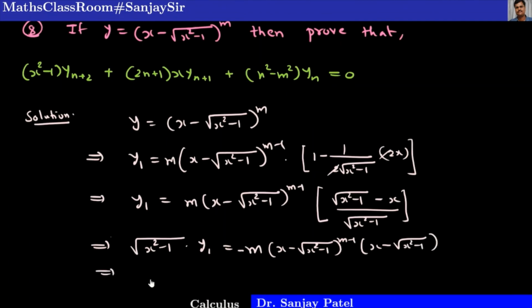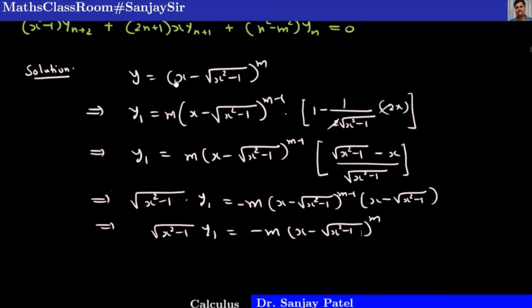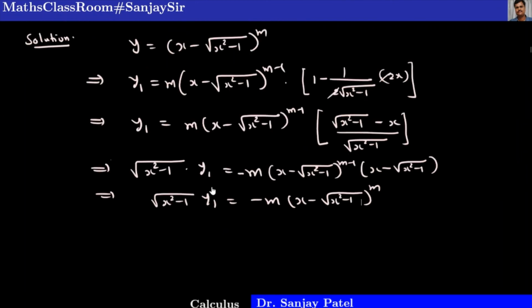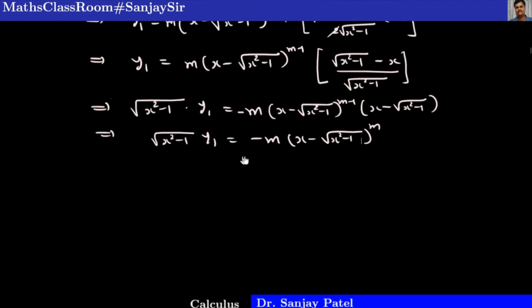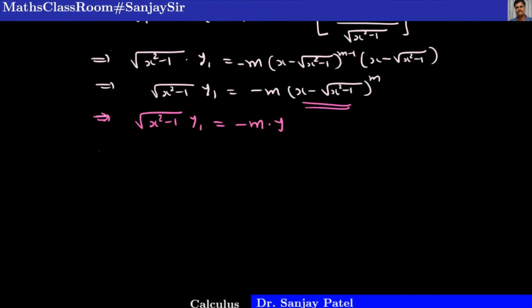So simplifying, square root of x square minus 1 into y1 is equal to minus m times (x minus square root of x square minus 1) raised to m. This term is nothing but y. So we can substitute y in place of this, and what I will get here is square root of x square minus 1 times y1 is equal to minus m into y.